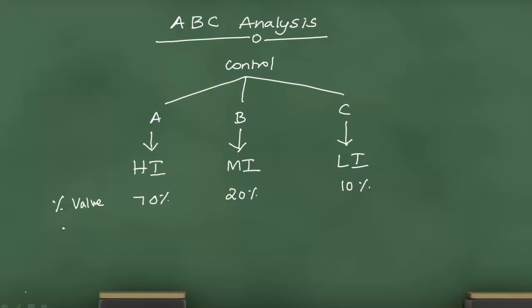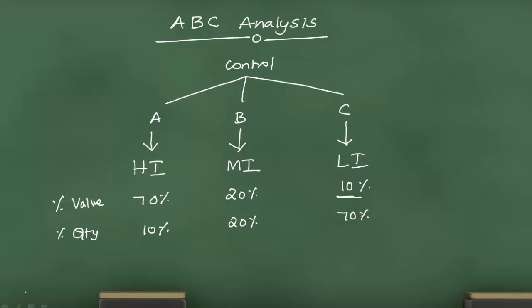But if you take the percentage in quantity, the highly important materials which are 70% in value would be only 10% of total quantity, and the moderately important materials would be say 20% in quantity, whereas least important materials which are 10% in value would be 70% in quantity.